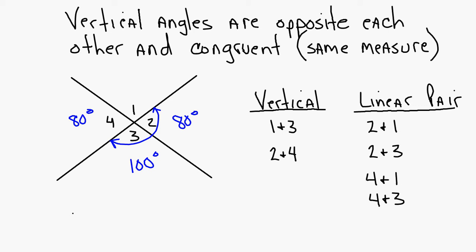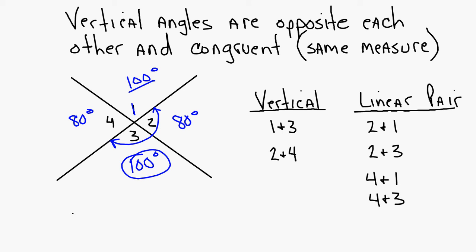What's the measure of angle 1? 100. Why? Because it's opposite of the angle 3. Here's what we're looking for. When I ask him why, I said angle 3 is equal to 100. What's the measure of angle 1? He said 100. I said why. Here's what your answers need to be.